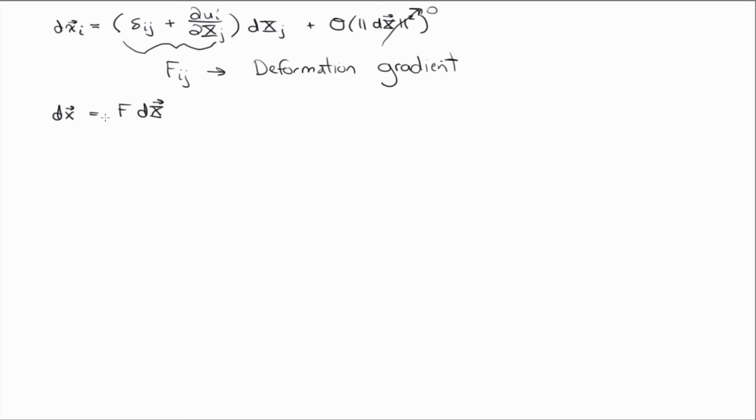You can clearly see it's a linear operator. It takes infinitesimal vectors in the reference configuration, d big X, into infinitesimal vectors in the deformed configuration, and it's a first order approximation of that.